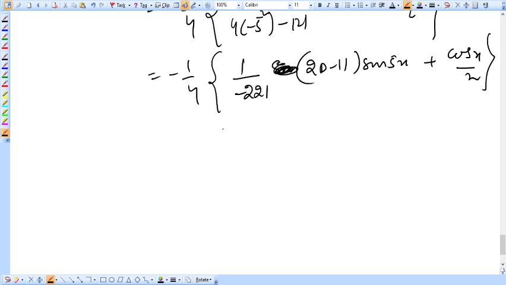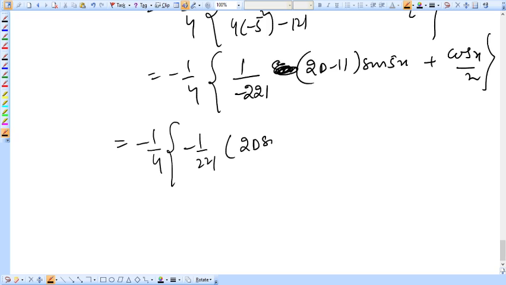Okay, so next it is equal to minus 1 by 4 minus 1 by 221, 2d sine 5x minus 11 into sine 5x plus cos x by 2.